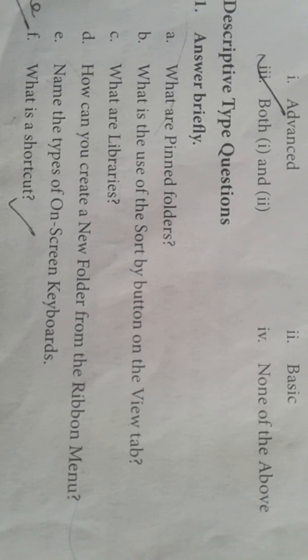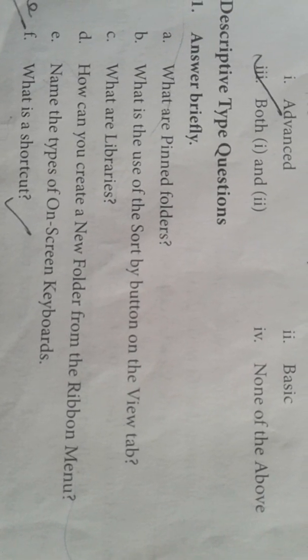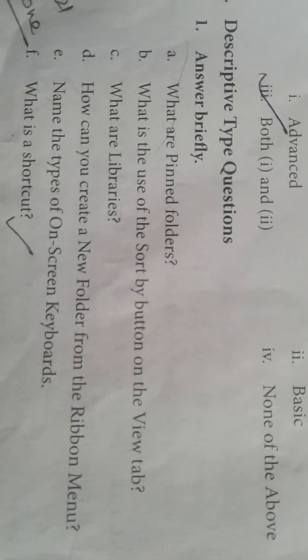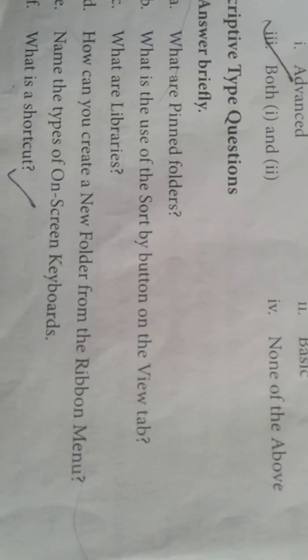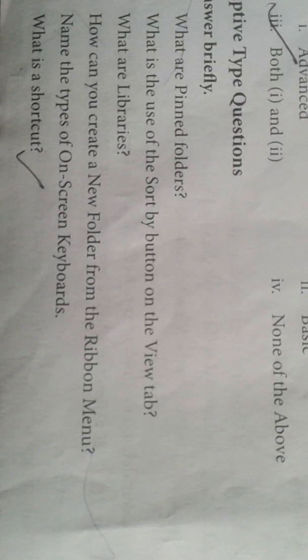It is a direct link to the program on the computer. The file is not physically stored on the desktop, and whenever you click on that particular shortcut, your cursor automatically goes to the file. So this one is the use of a shortcut menu.